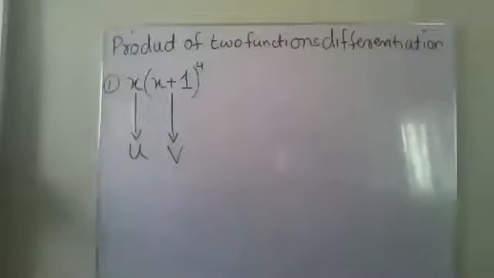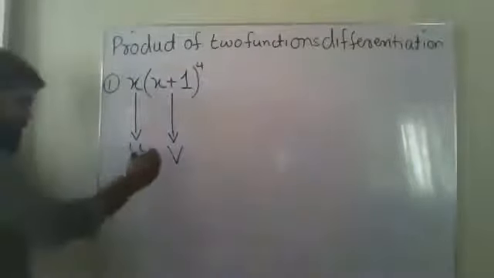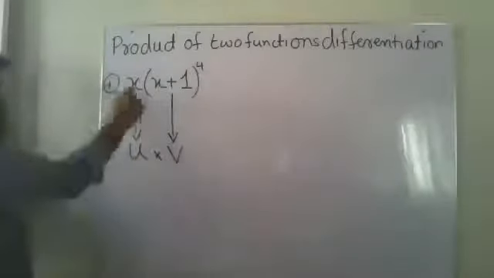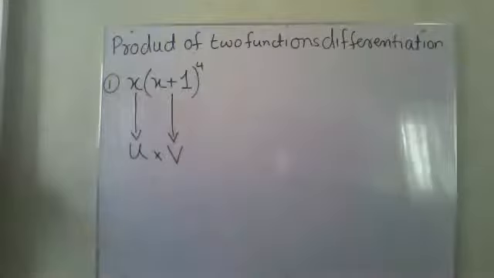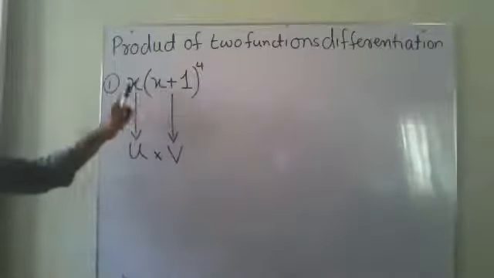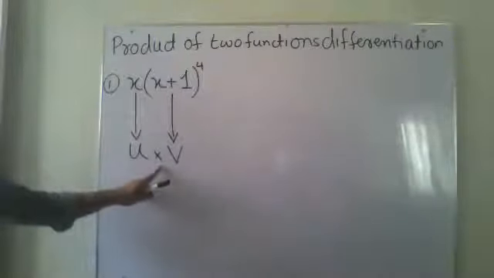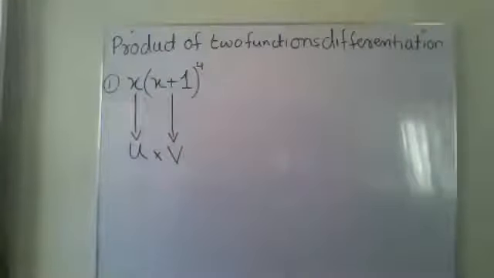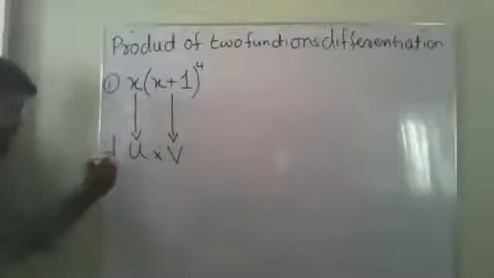So basically I have to differentiate. Now these two are in the product form, so I have written a multiply sign over here. And I'm going to differentiate them. I'm not going to write differentiate with respect to x.